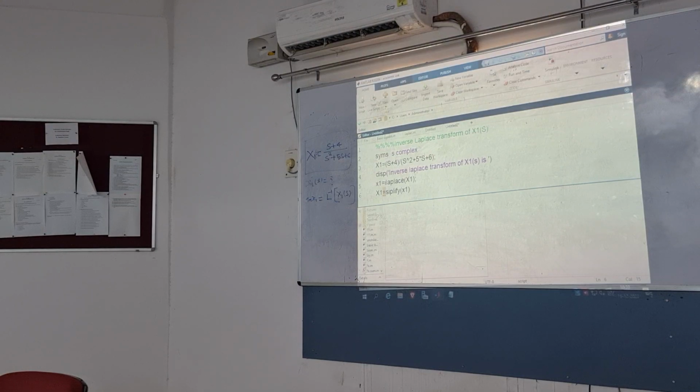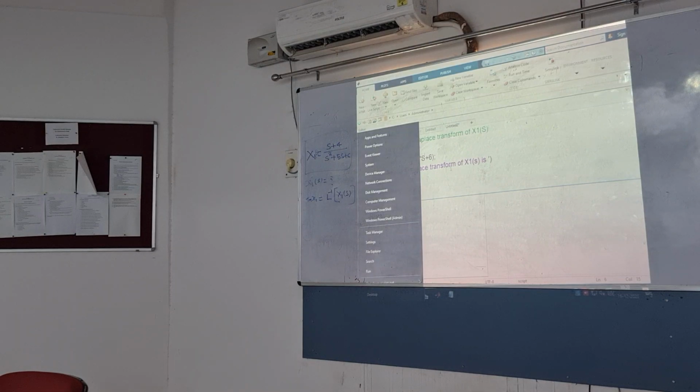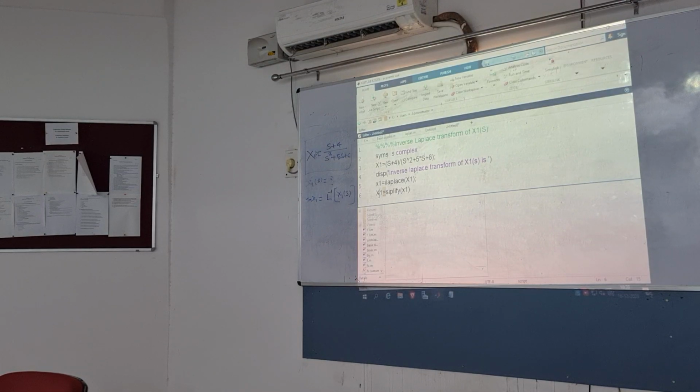Simply here this is a small s. And then you run this function.